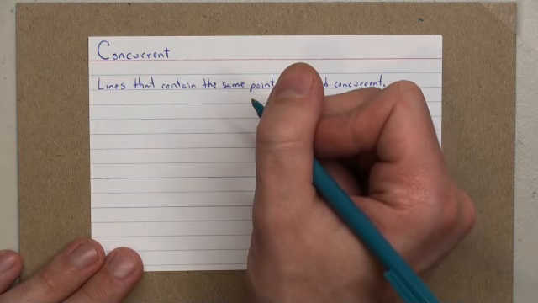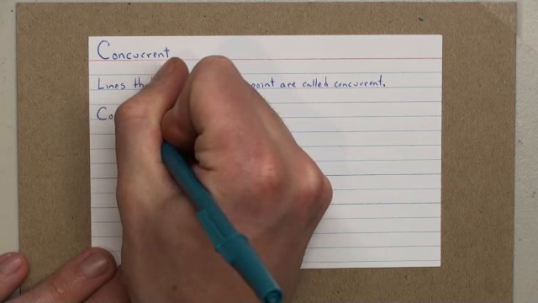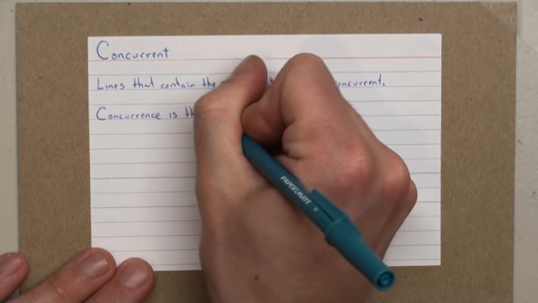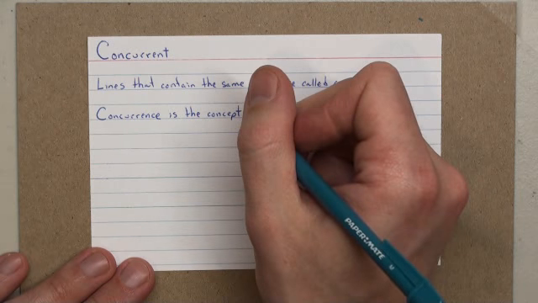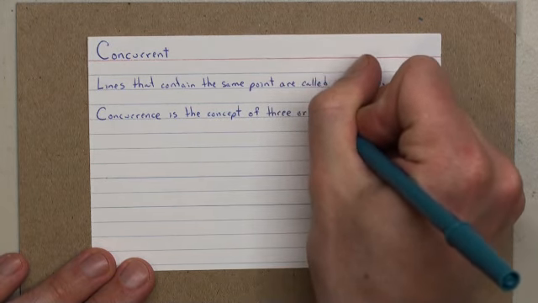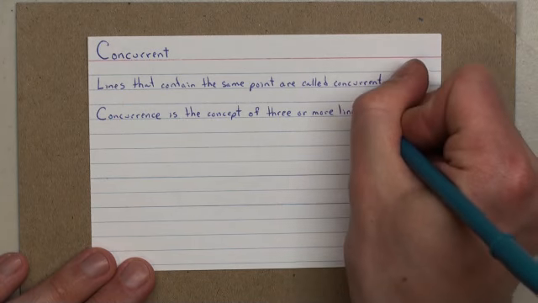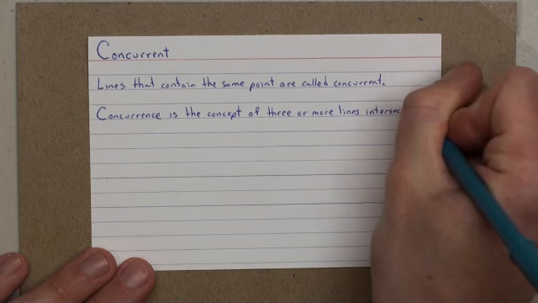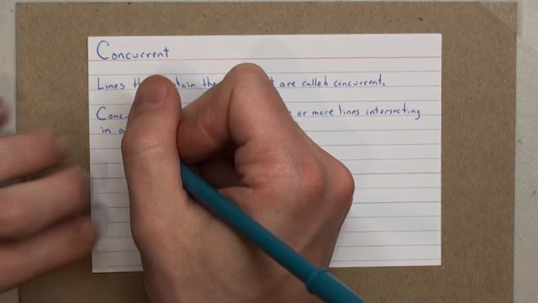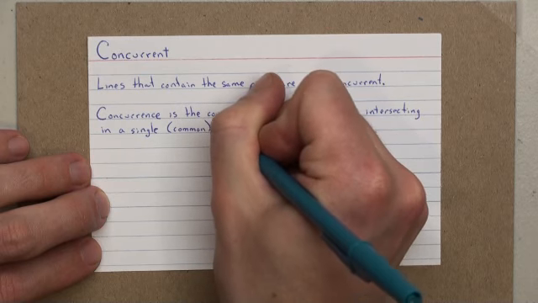Concurrence is the concept of three or more lines intersecting in a single common (we'll put that in parentheses) point.